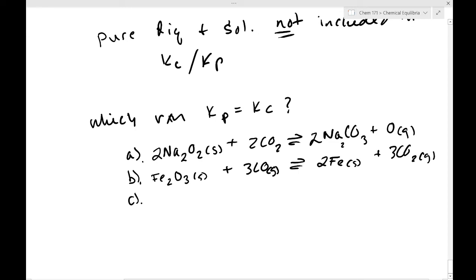And the third reaction here is ammonium nitrate reacting or decomposing to form N2O and 2 waters. Oops, that's not a liquid, that's a gas.